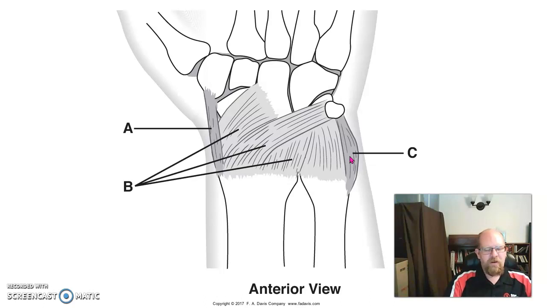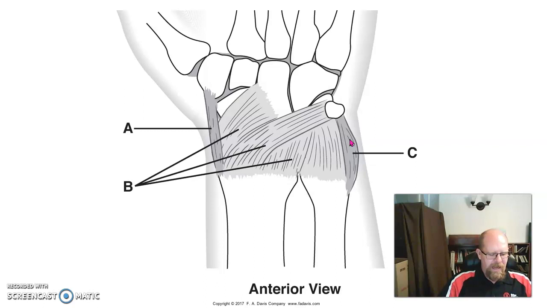Essentially these function in a very similar way. So if we have a valgus push, it lengthens the radial collateral ligament. If we have a varus directional move, the ulnar collateral ligament is stretched.